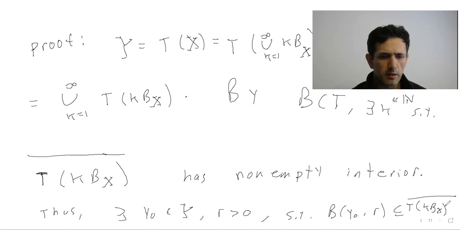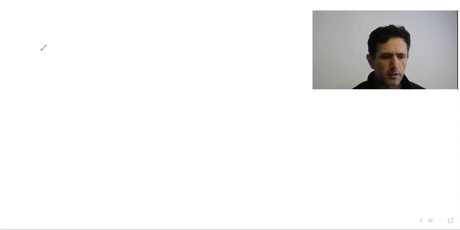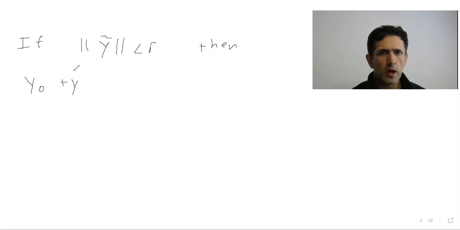So what does this tell me? Well, if I have any y tilde, for lack of anything better to call it, in big Y with norm less than r, then y0 plus y tilde is in the ball.